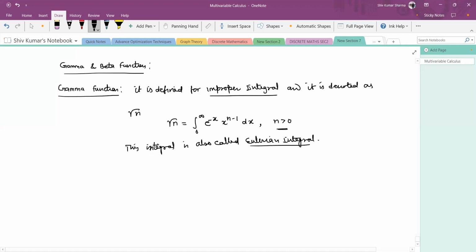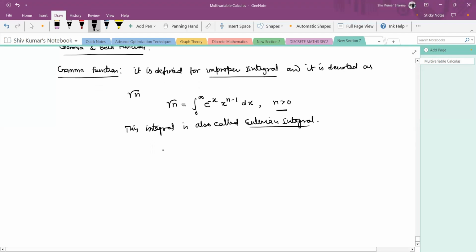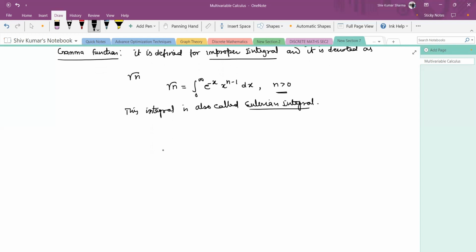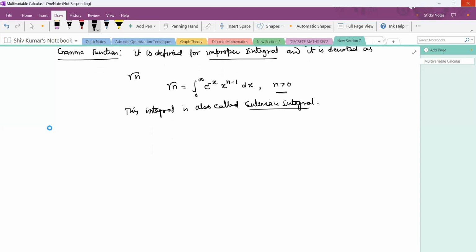Now we have another definition, the second part of this gamma.